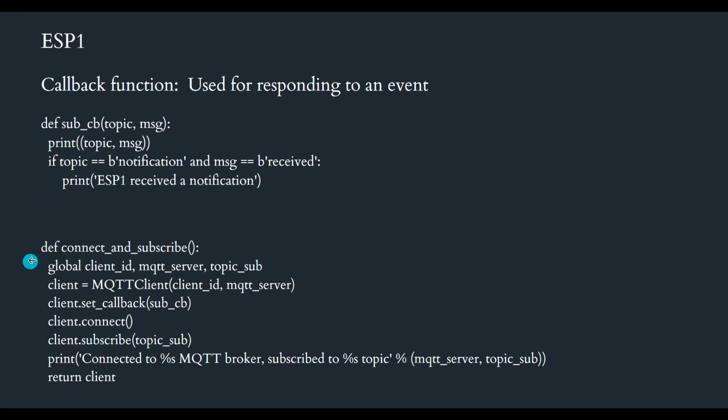And then we have the next function, which we define as connect and subscribe. So the connect and subscribe function we are using to connect our devices to the MQTT broker, right? And then also we are going to subscribe to certain topics, and we are setting up the client device using this function.